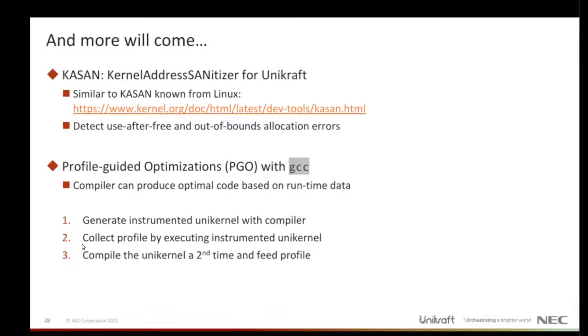Second, you run that instrumented build with your workload, and that generates a profile file. This profile file you give in a third step, a second time, to the compiler, to do the right optimizations with loop unrolling, branches, and so forth, depending on the profile it collected.